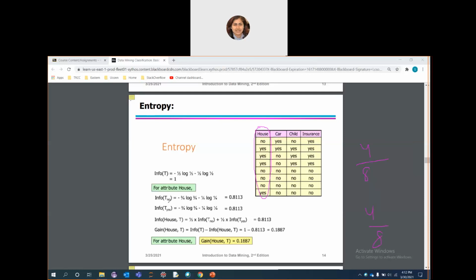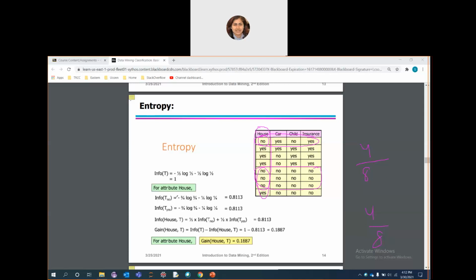Here first we are finding T of no, that is associated with only no value probabilities. So we will pay attention now to only this tuple and this tuple here. Please be careful how I'm trying to explain this.